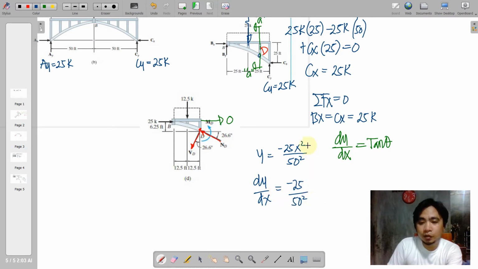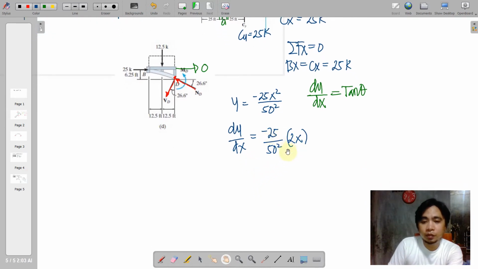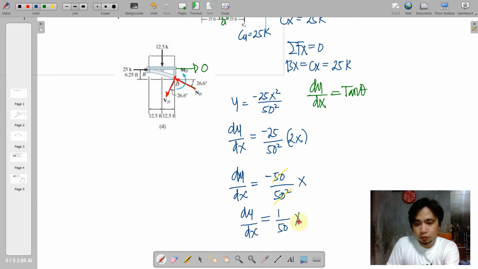We copy the constant and then differentiate x squared, and the derivative of x squared is 2x. Simplifying, 25 times 2 is negative 50 all over 50 squared. One of the 50s will cancel, so that your dy over dx becomes negative 1 over 50 x.